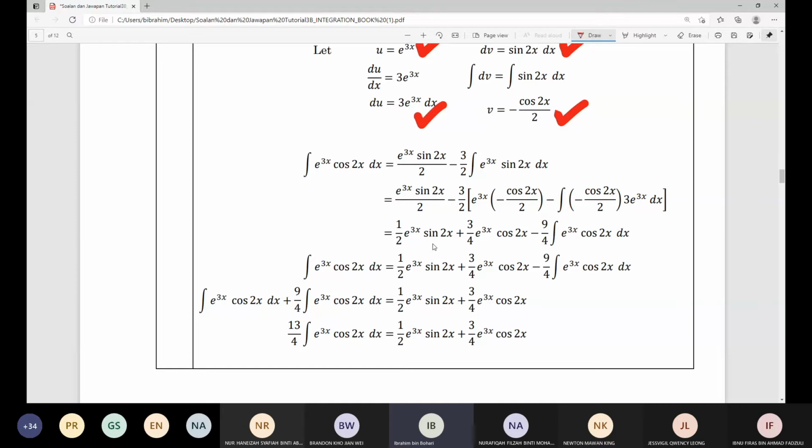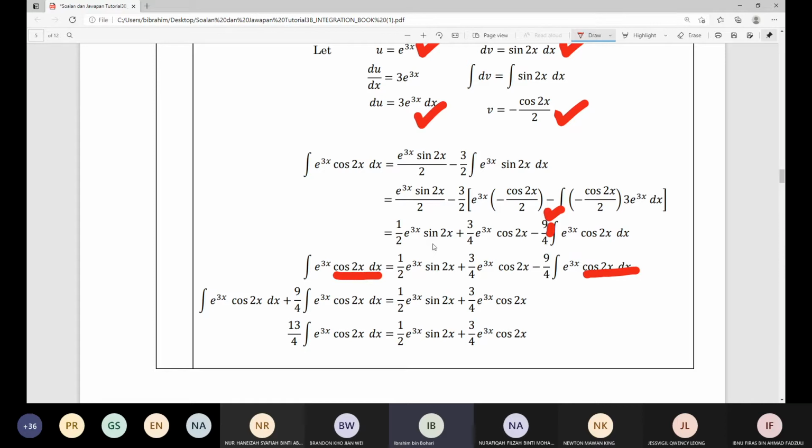This one is uv, and minus the integral of negative cos 2x over 2 times 3e to the 3x. And the constant here equals 9/4; 3/2 times 3/2 equals 9/4. You will check. And here the integral of e to the 3x cos 2x dx.